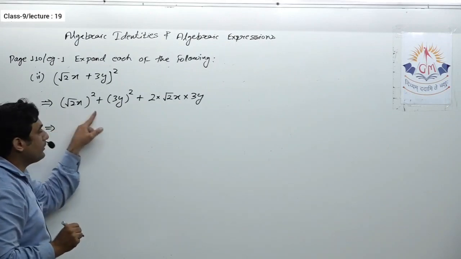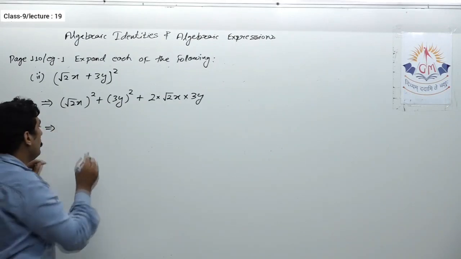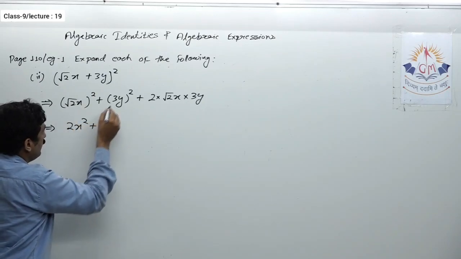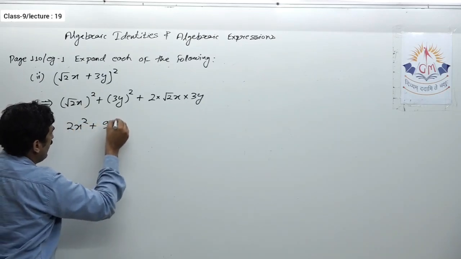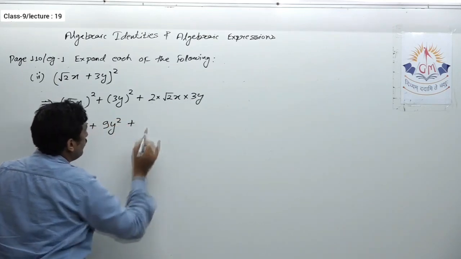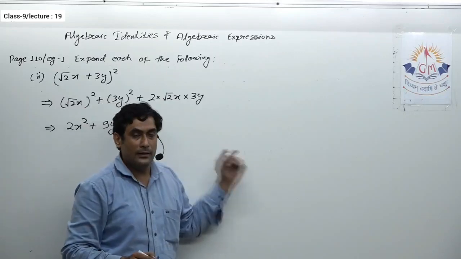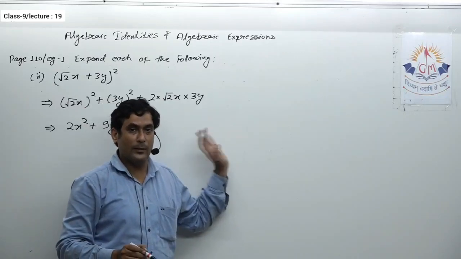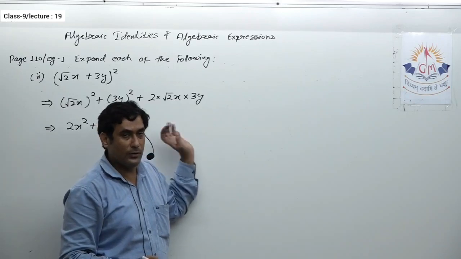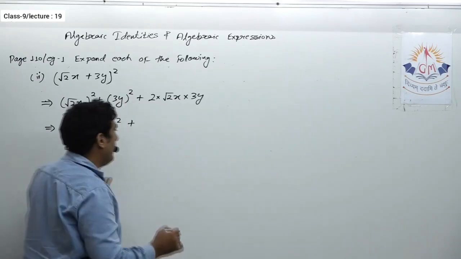Now root 2x whole square, so root 2 square is 2 and x square remains x square. 3 square is 9, y square remains y square. Over here 2 into 3 into root 2, we will multiply the like terms, that means numerics will multiply separately and variables will multiply separately.